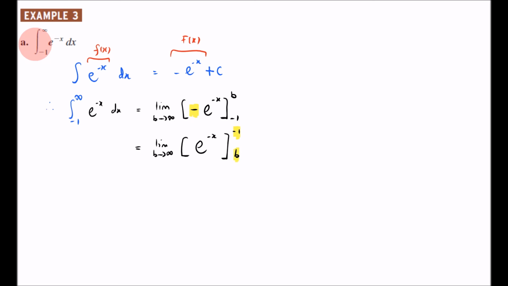That equals e to the minus 1 minus the limit as b approaches infinity of e to the minus b, so you get e to the minus 1 minus the limit of 1 over e to the b.